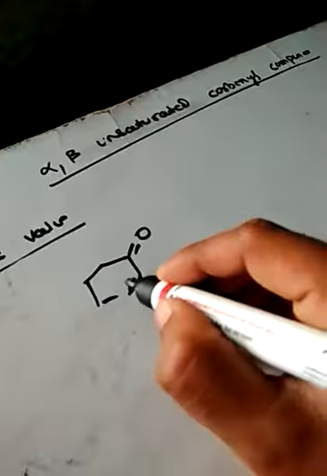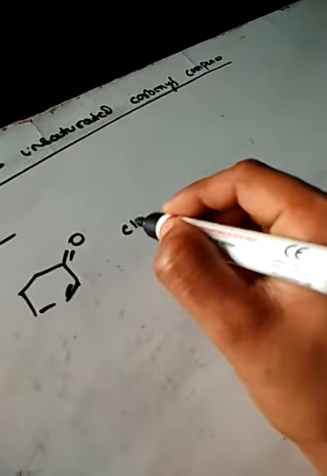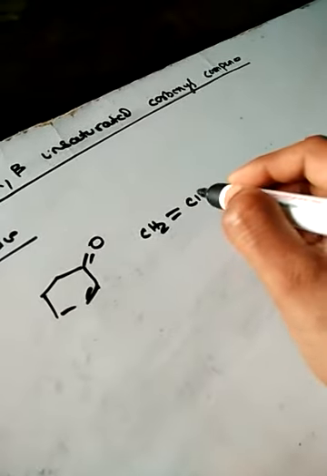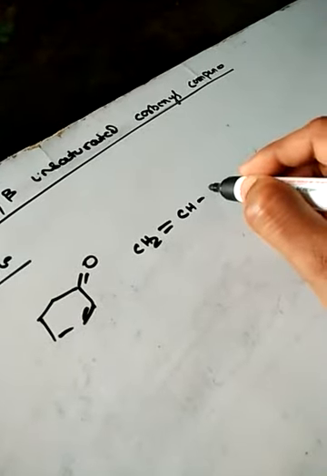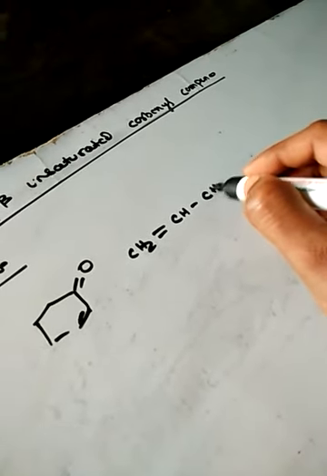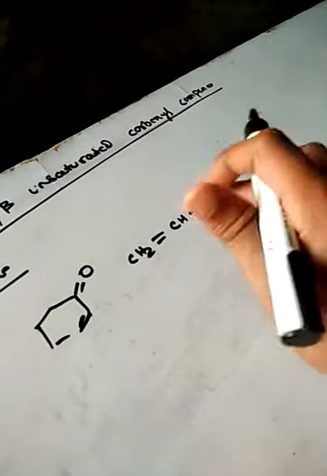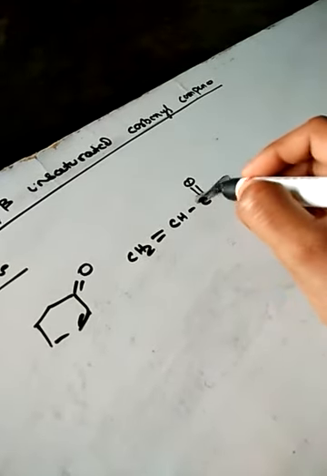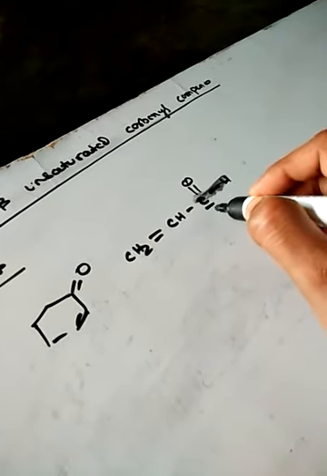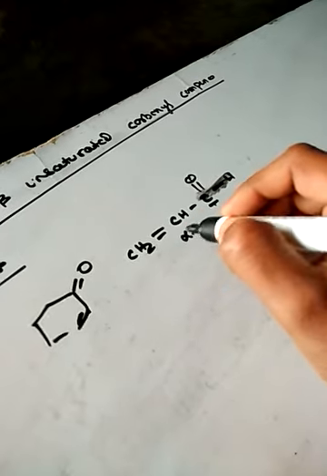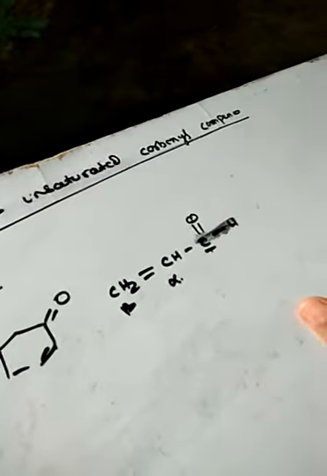acyclic parent enone, we can say CH2 double bond CH and CHO, or the aldehyde group can be written as C double bond O. This is our functional group, and this is our alpha carbon, this is beta carbon. So this is called alpha beta unsaturated ketone.